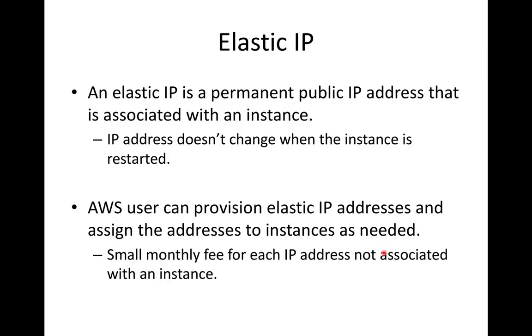The reason they charge for that is because IP addresses are relatively scarce resources. There's only a finite number of IP addresses available in the world, or at least IPv4 addresses are very limited at this point in time. And so if you reserve an elastic IP address, you really need to use it and apply it to your EC2 instance.